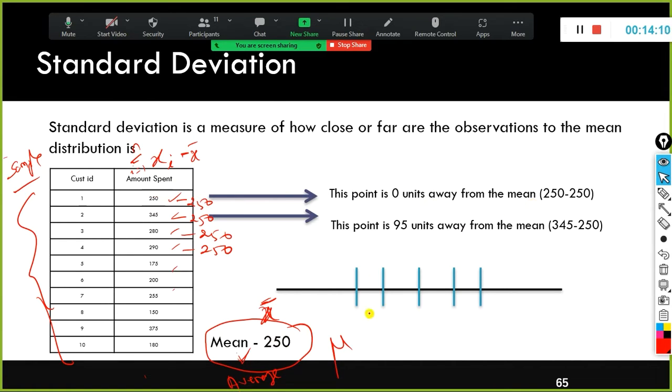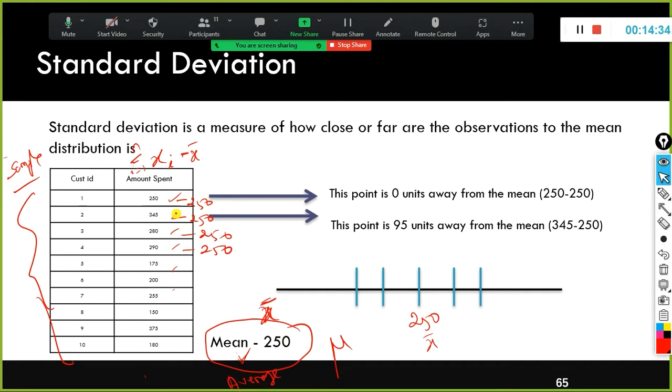The mean is there in the middle. If you plot it in a chart, you will get something like this. This value is the same as your mean of 250, so both this value and the mean coincide here.